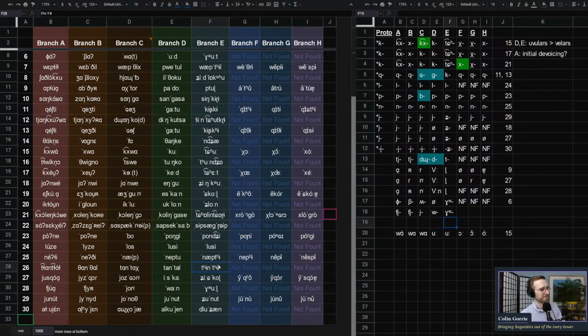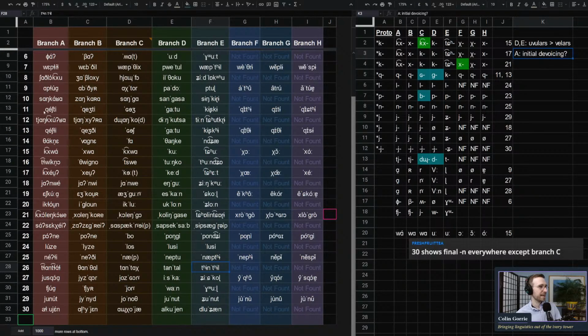Interesting. Not quite sure what to do with that yet. The question is, is B voicing its initial fricatives, or is A devoicing them?